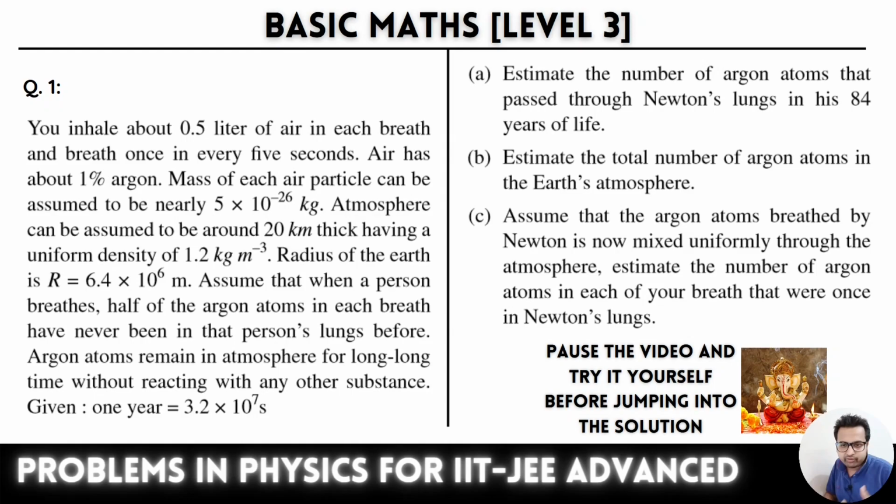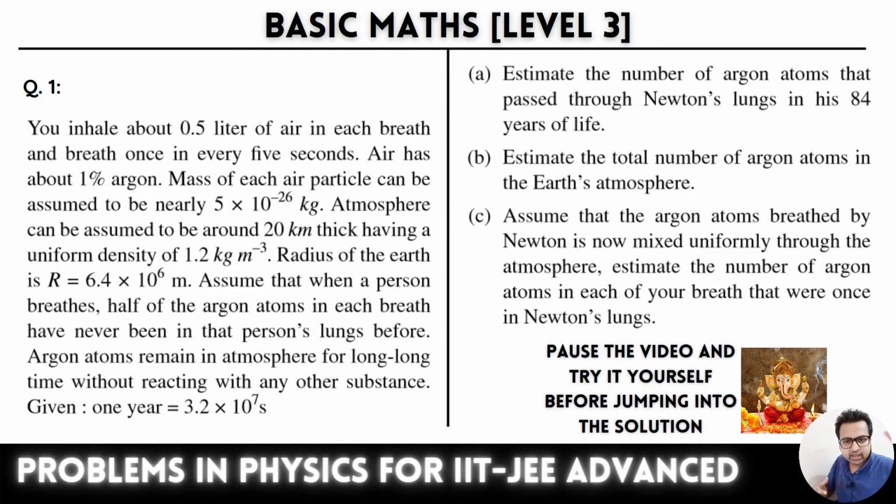In the question it is given that we breathe, and we can suppose that we breathe every 5 seconds. It means after 5 seconds, once again we do the inhaling and exhaling. So the frequency of breathing is every 5 seconds, and during the breathing we inhale 0.5 liter of air.